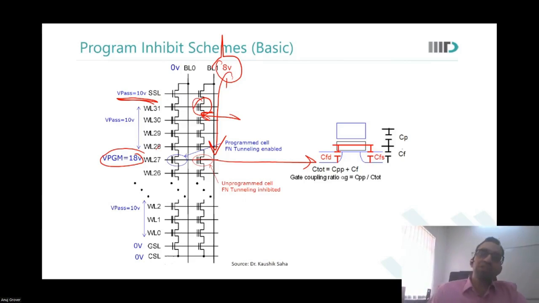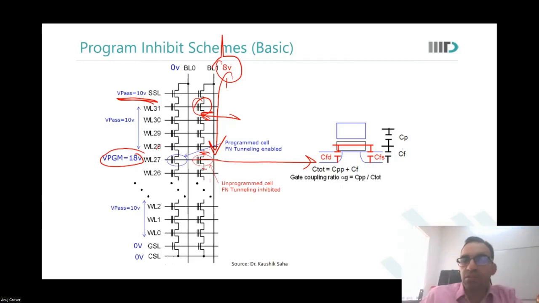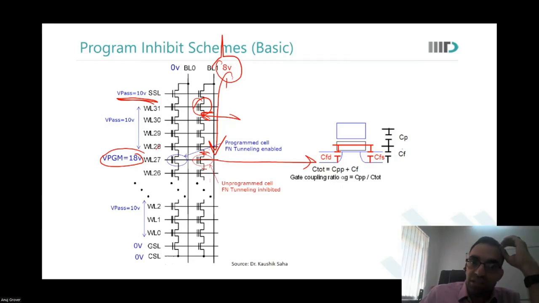Now, when the 8 volt is there on its source and drain, what happens? You want to apply HCI. But now you cannot apply HCI. Why? Because 8 volt has got transmitted all the way over here, and therefore the kinetic energy or the inversion layer that is formed will not have that kind of a thing happening.